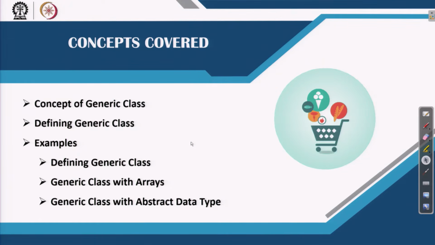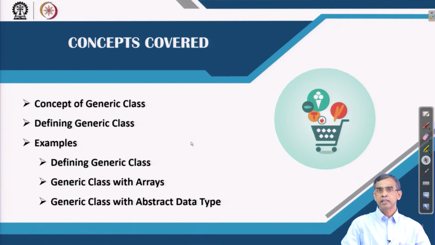Now, in this lecture we will try to cover the concept of a generic class first, then we shall learn how a generic class can be defined. We shall illustrate the concept and the generic class definition with a few examples. The first example is very simple, showing how a generic class can be defined, and then a generic class with an array of elements.